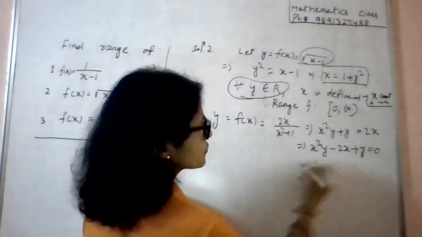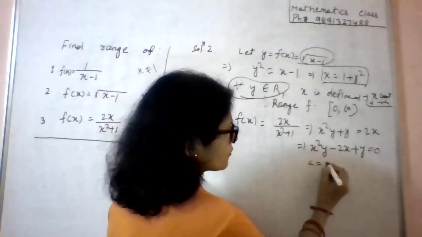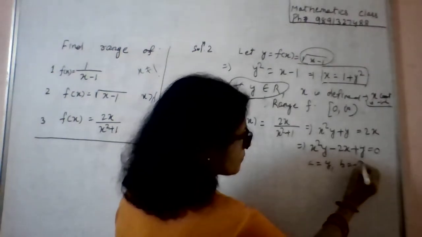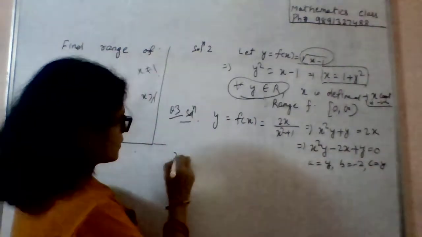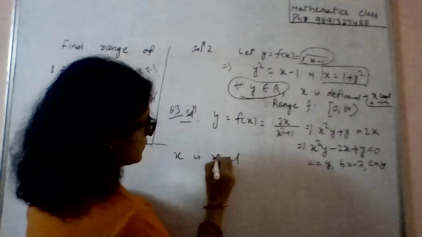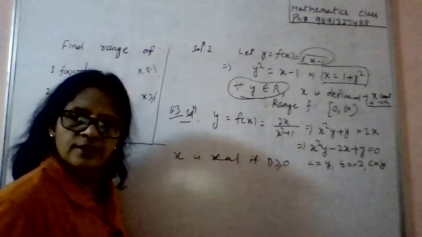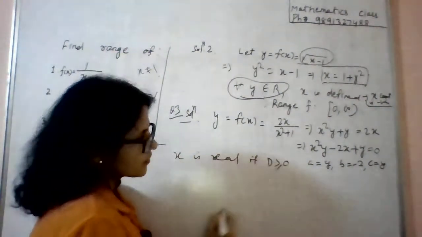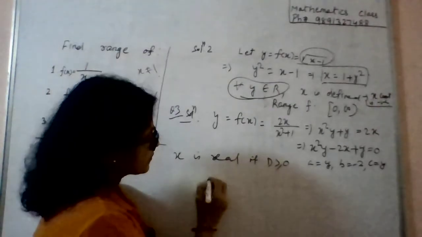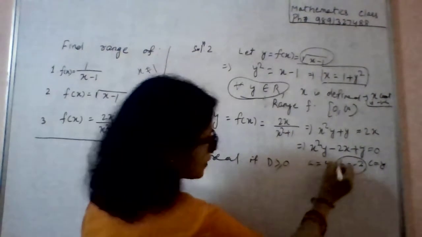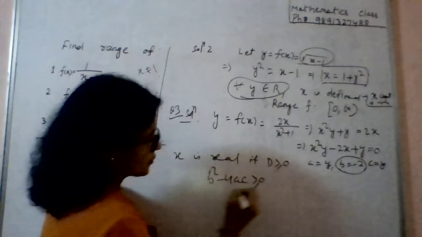So now you see, whenever we view this as a quadratic expression, a equal to y, b equal to minus 2, c equal to y. Now x is real if the discriminant is greater than or equal to 0. Discriminant is b square minus 4ac greater than or equal to 0.